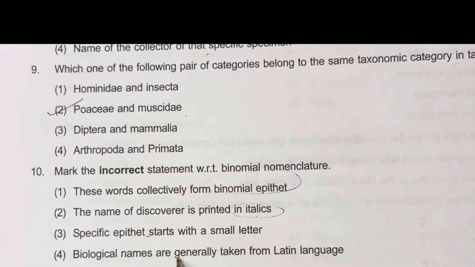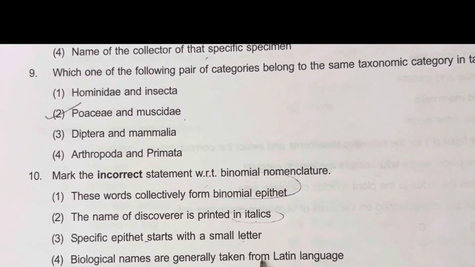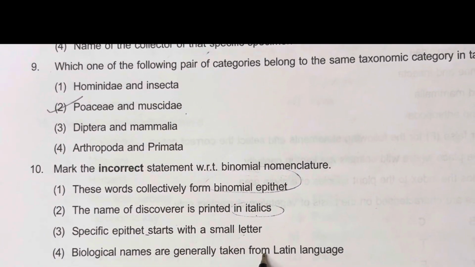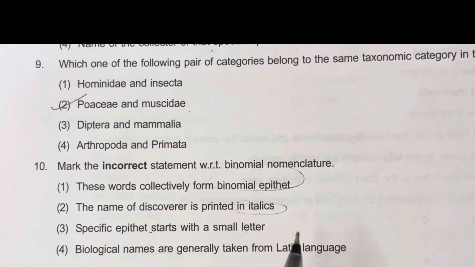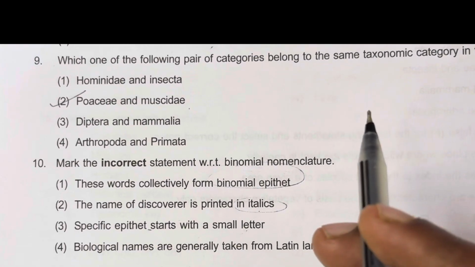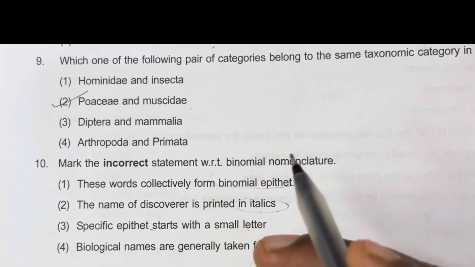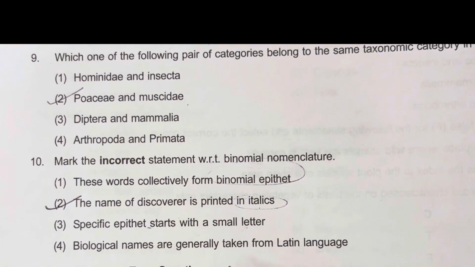And biological names are generally taken from Latin language. This is also the right one. So the incorrect statement is that the name of the discoverer is printed in italics.